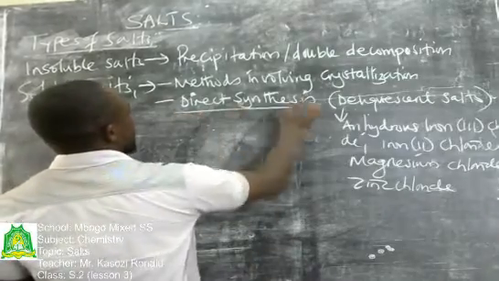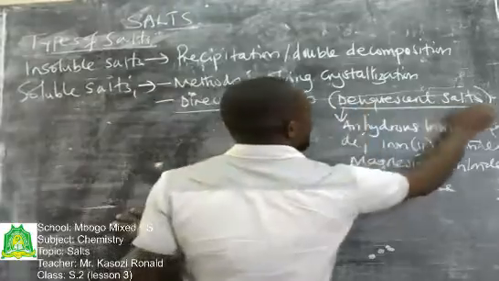That's what is called direct synthesis for the liquescent salts.